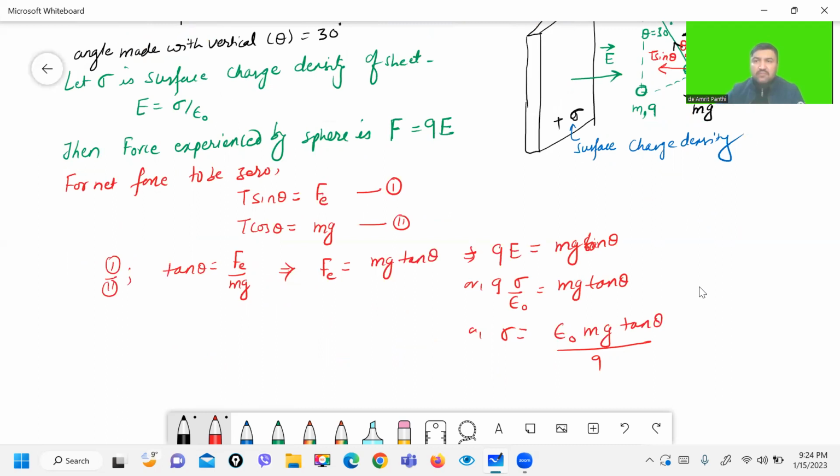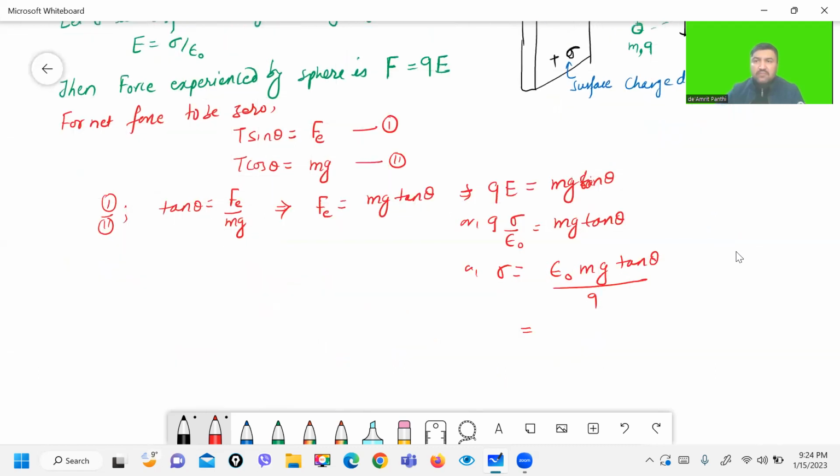Let's write the values. Epsilon naught is 8.854 × 10^-12. The mass is given in the question, 1.0 × 10^-6 kg.